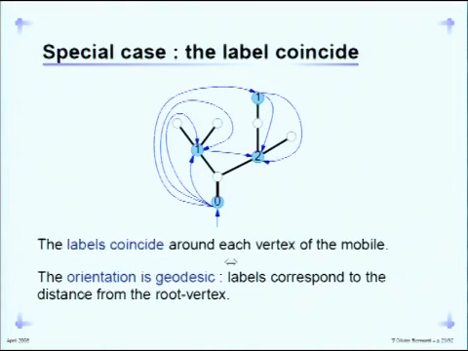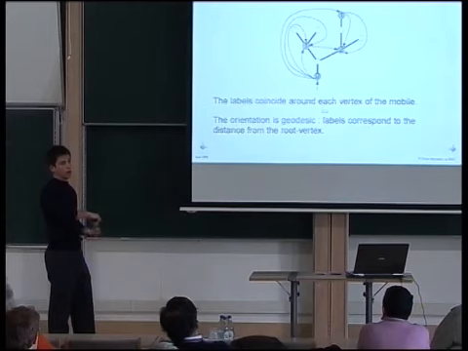It means that the labels correspond to the distance from the root vertex, and the orientation goes from distance i to distance i plus 1.